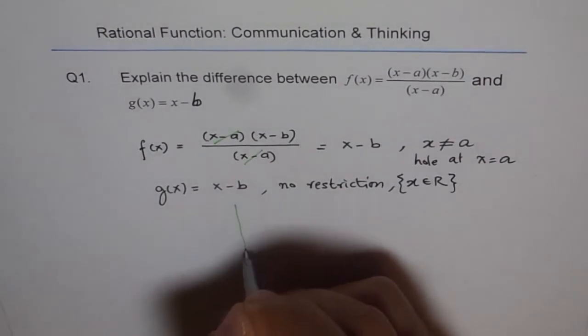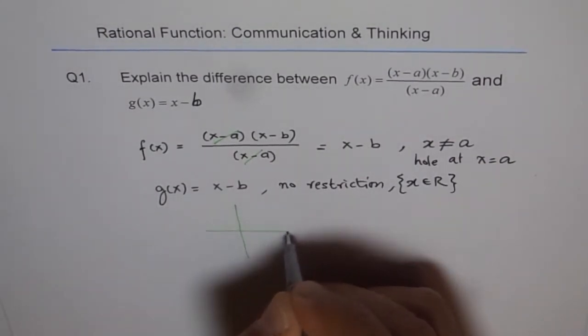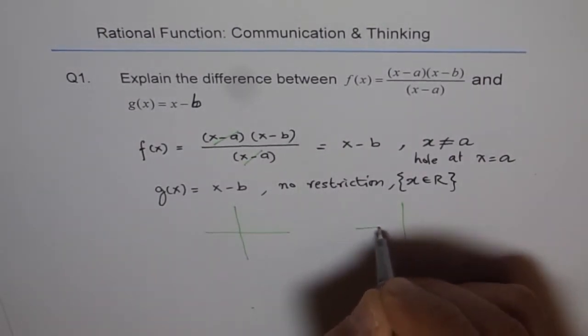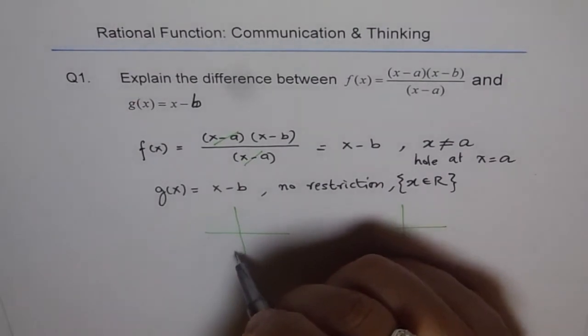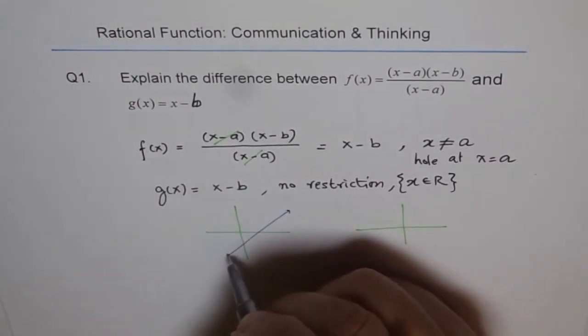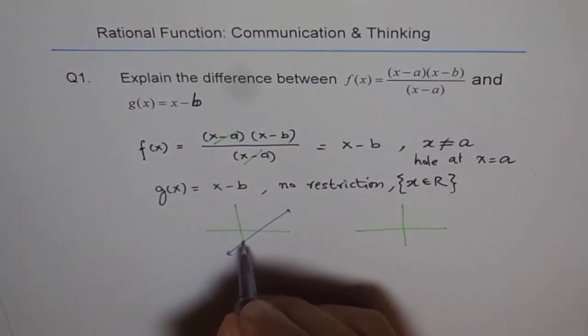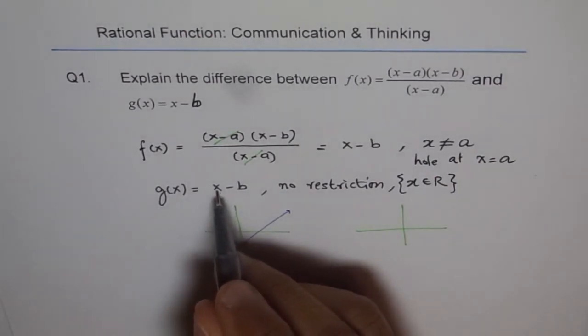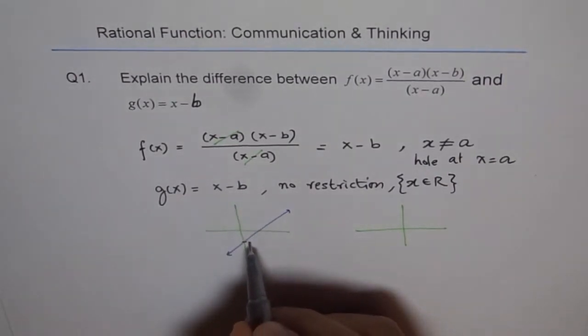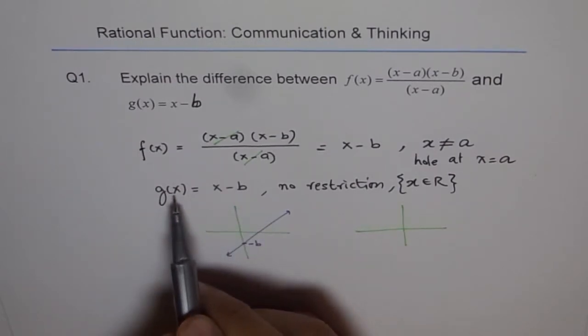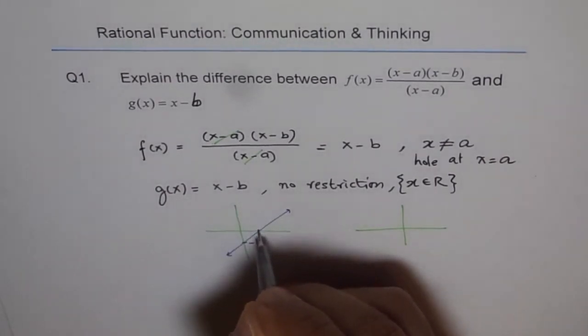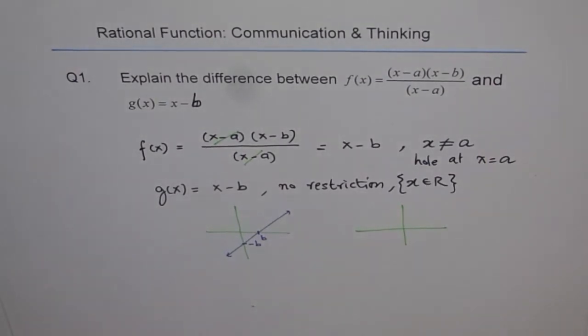Now if I draw a graph for both, the graph of g of x will be something like this, where if I put x equals 0, you get minus b. So this is your minus b, right? And if I put y equals 0, then x equals b. So this will be b also, correct?